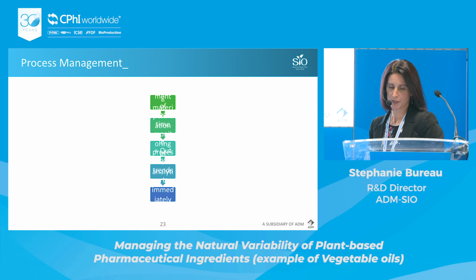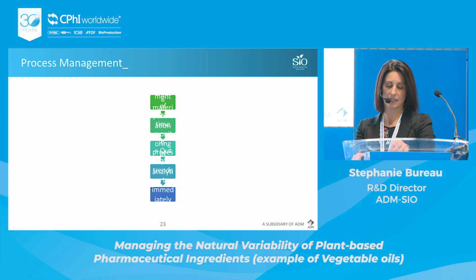As an illustration, you can see here that our process is highly respectful of the product and allows us to avoid the degradation of the oil and especially the formation of trans fatty acids, while keeping a high amount of tocopherols that are the antioxidants naturally present in the vegetable oil.